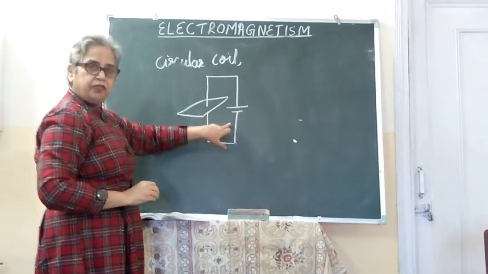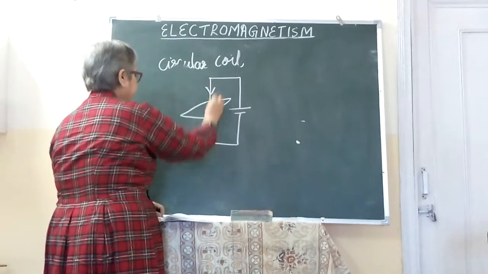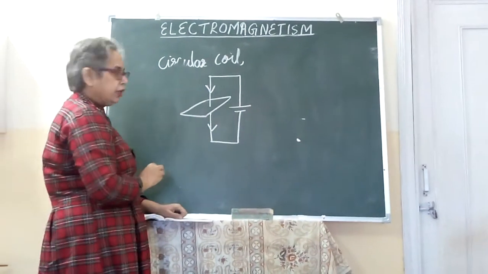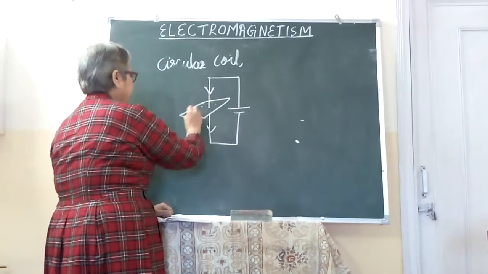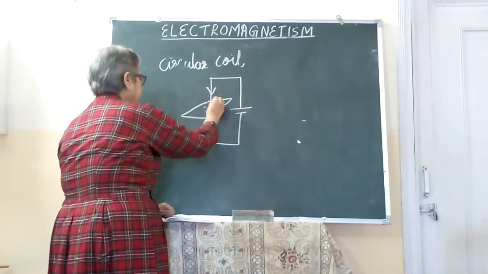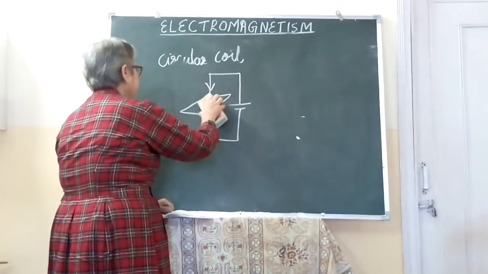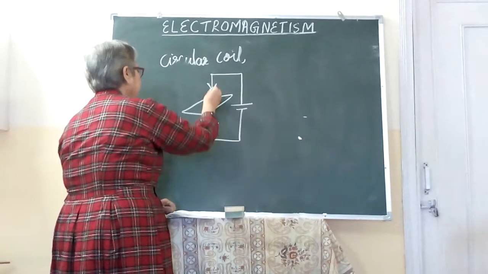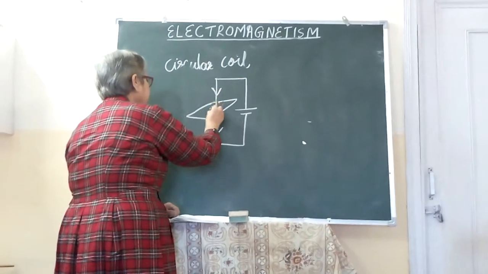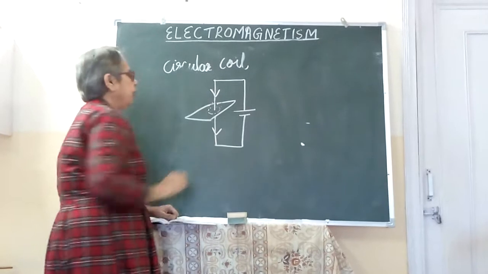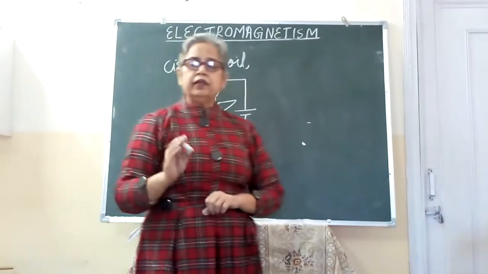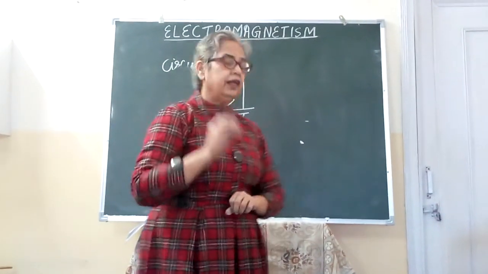Now positive, negative, so flow of current is in this direction. If you sprinkle some iron filings, you find that you get concentric circles over here. So these concentric circles are actually the magnetic field lines.